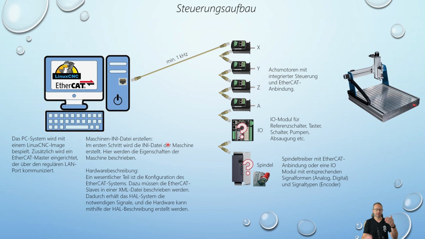Maybe something technical. The Linux CNC machine is ultimately configured via the INI and HAL files, and with EtherCAT an additional point is the XML file. That means in the bus there are different participants, and it must be specified which participant is supplied with which data, and which data can be retrieved from the participant.